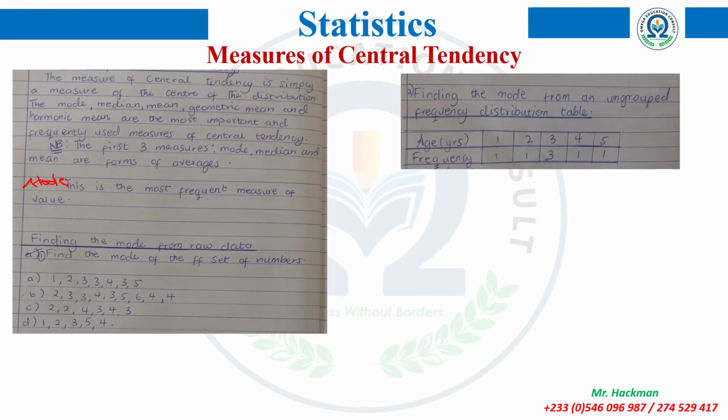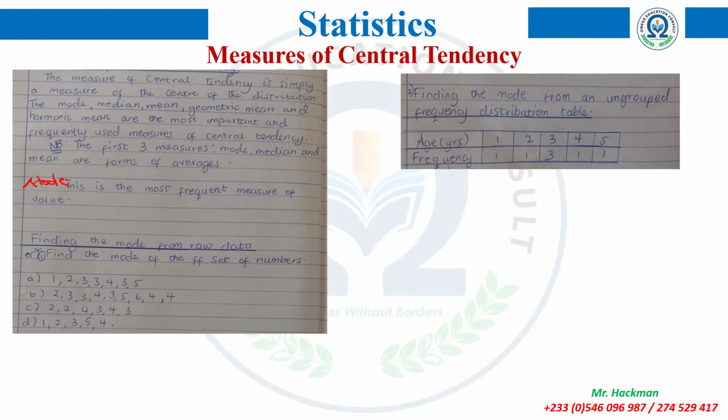It's either the question will come in the raw data form, so you'll be asked to find these measures given a raw data. Or the question will come where you are given an ungrouped frequency distribution table. But for the frequency distribution table, remember I told you we have 2: the ungrouped frequency distribution table and that of the grouped.